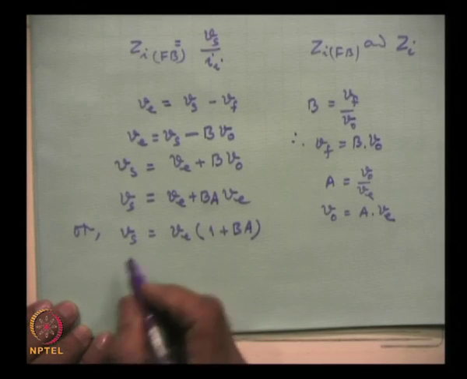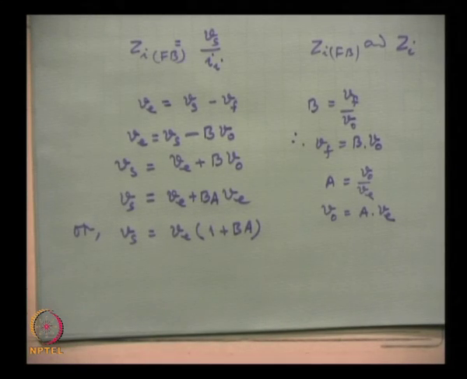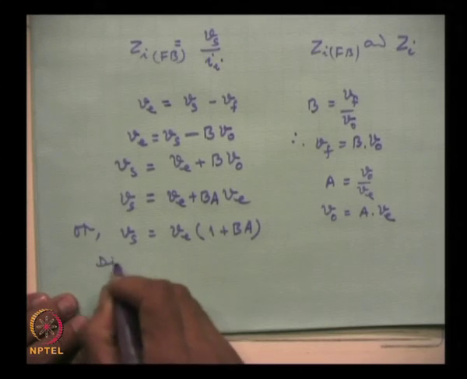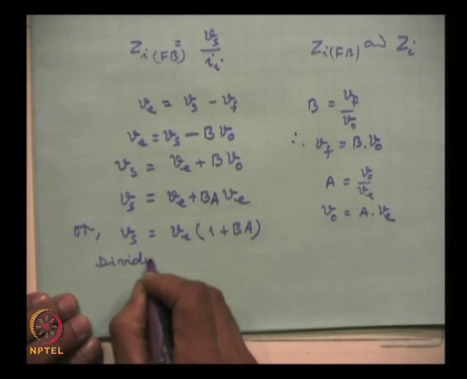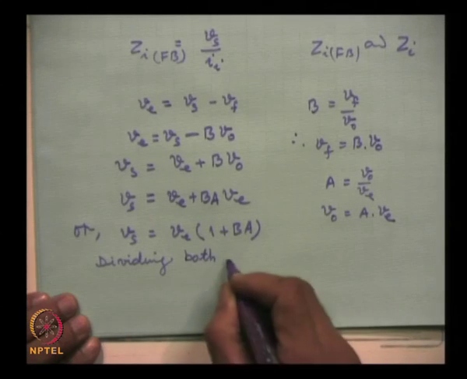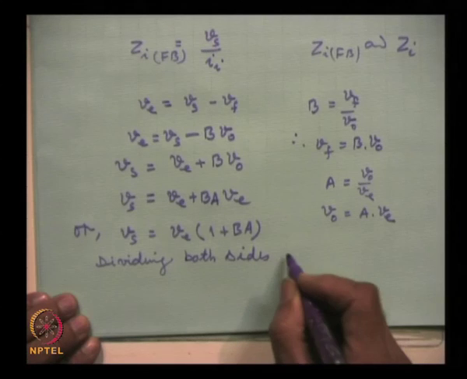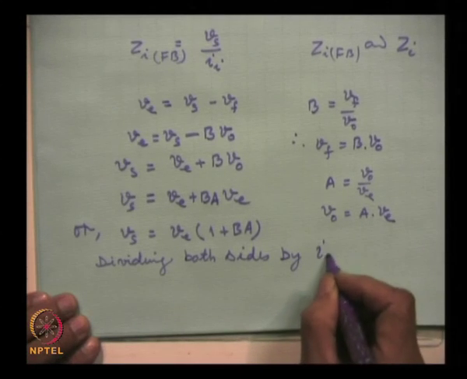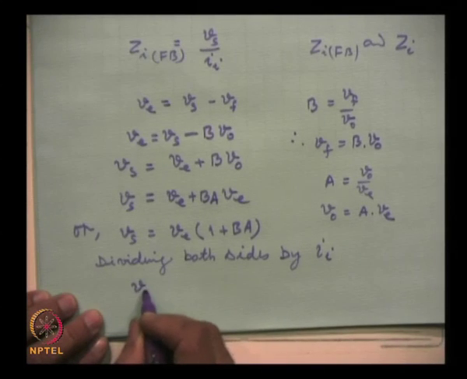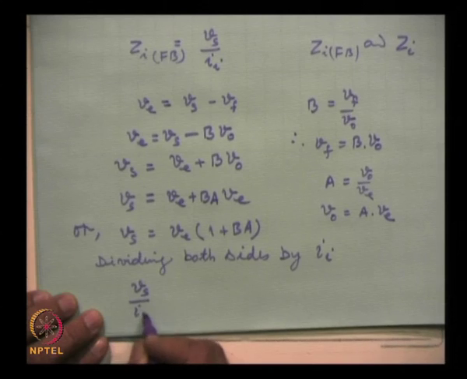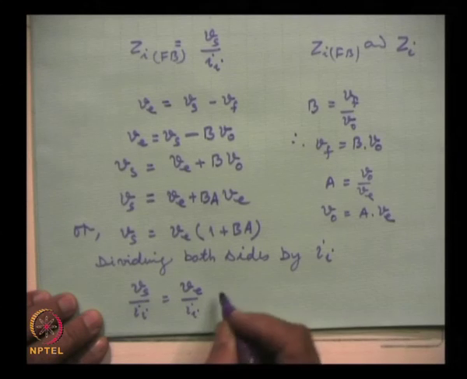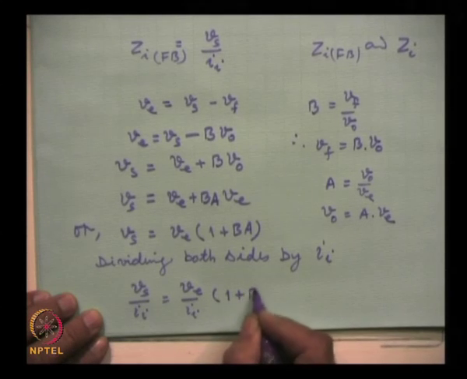From here we can immediately obtain, if we divide both sides by Ii, the input current, we get Vs by Ii equal to Ve by Ii into 1 plus BA.